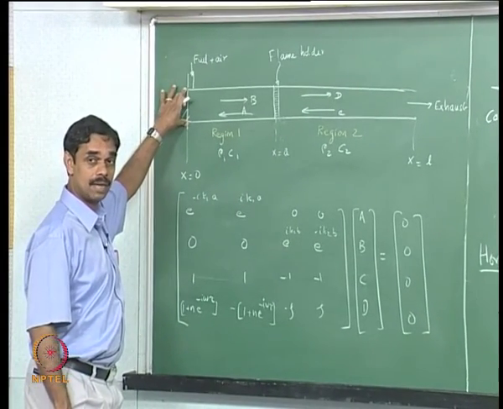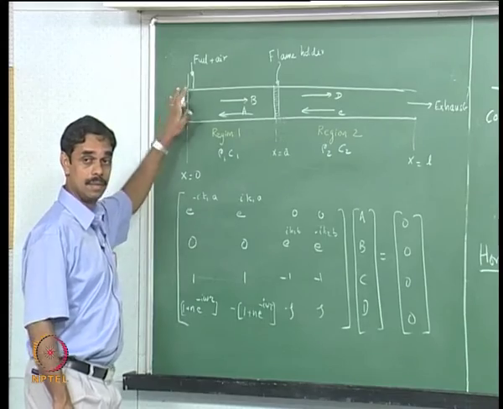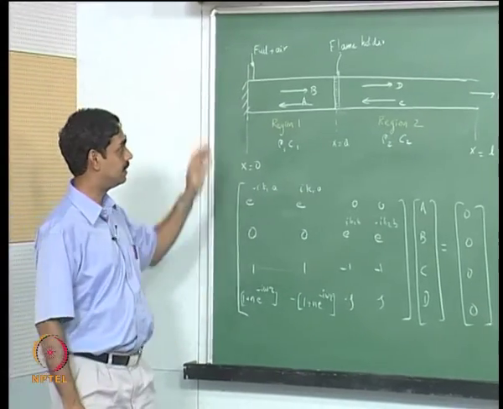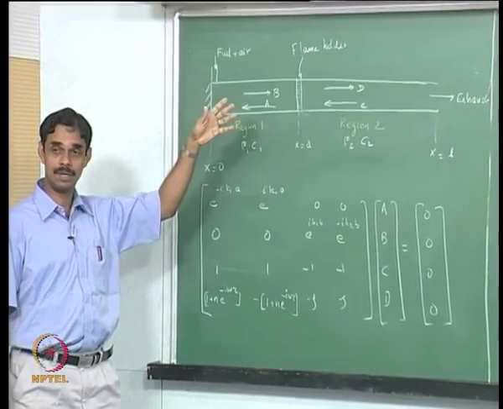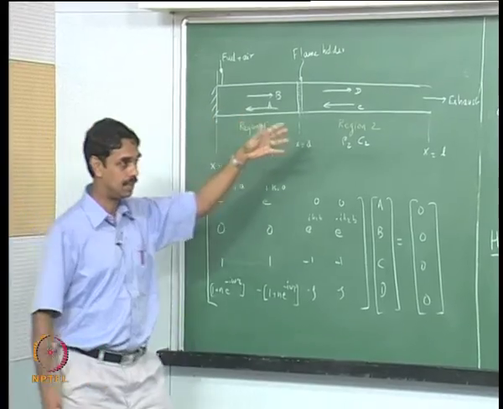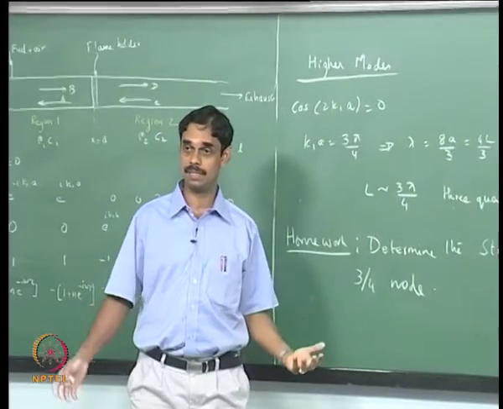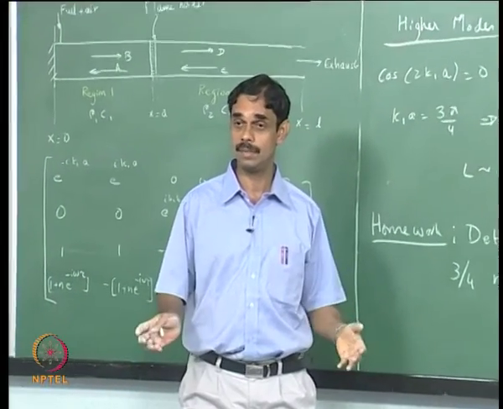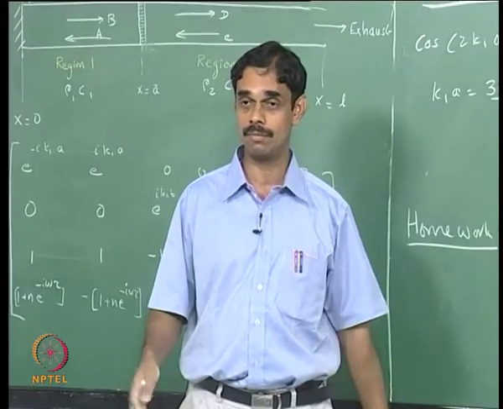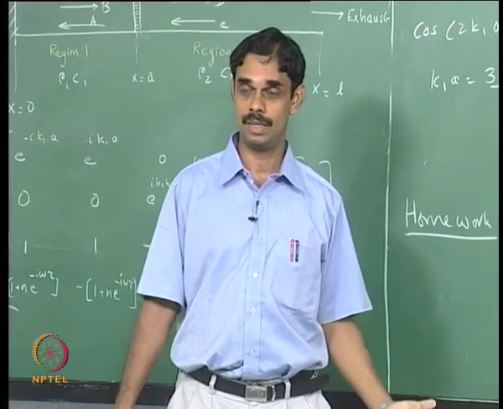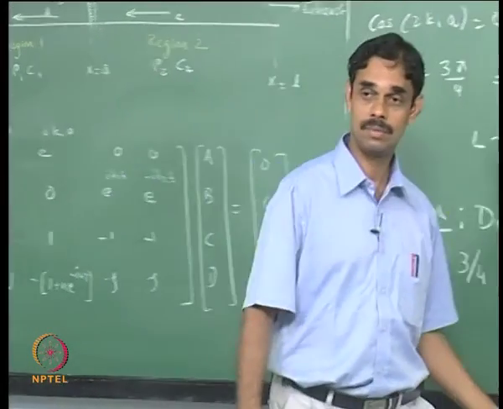Instead of having a hard wall, can we put a loudspeaker there and adjust the phase between pressure and velocity such that you can actually make the system stable? So you alter the stability conditions, and at whatever condition you want to operate, you want to make it stable. That is the basis of active control.